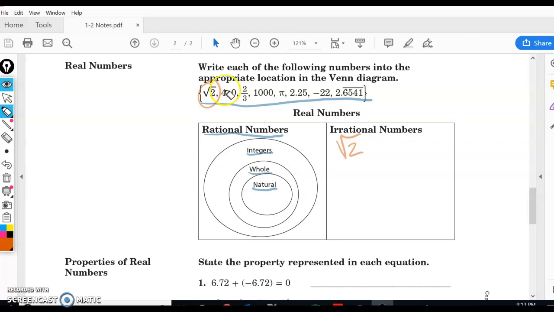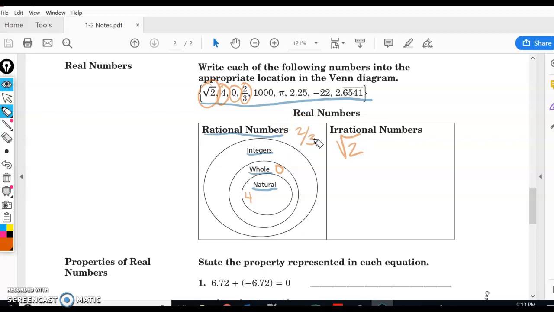Next one, let's look at 4. 4 is a counting number. It belongs in natural. 0, the smallest subset 0 could be in, is whole. Since it's rational, it's an integer, it's whole, but it's not natural, since natural starts at the number 1. 2/3, it's real, obviously, and it is a fraction, so you can write it as a rational number.